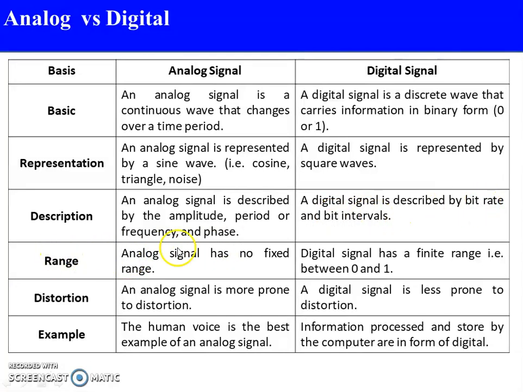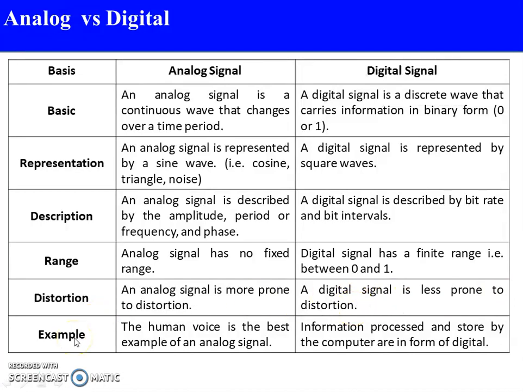In terms of range, an analog signal has no fixed range and a digital signal has a finite range between 0 and 1. In terms of distortion, an analog signal is more prone to distortion, while a digital signal is less prone to distortion.